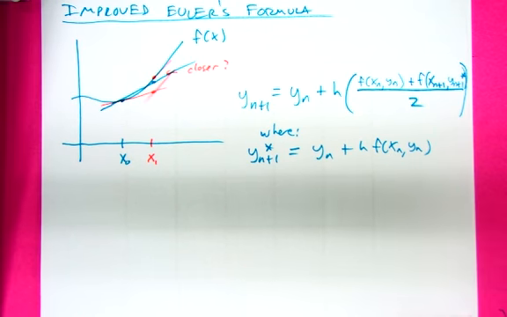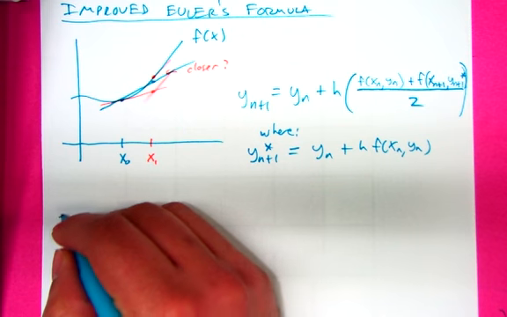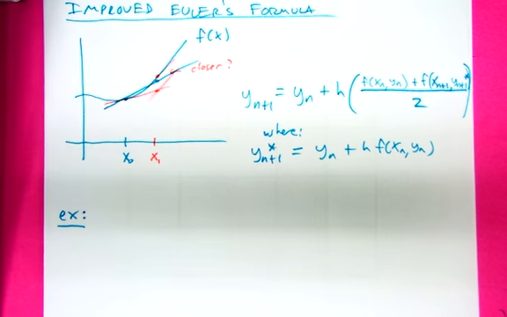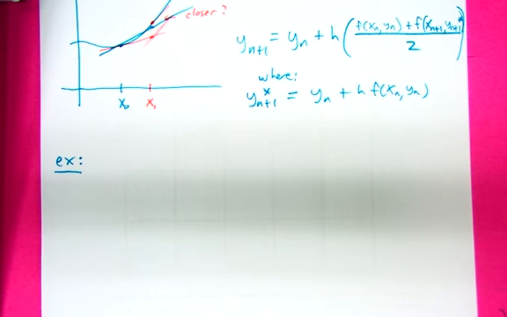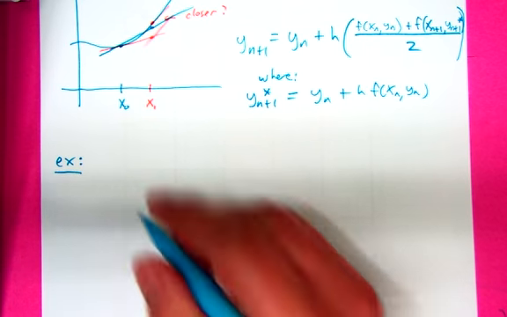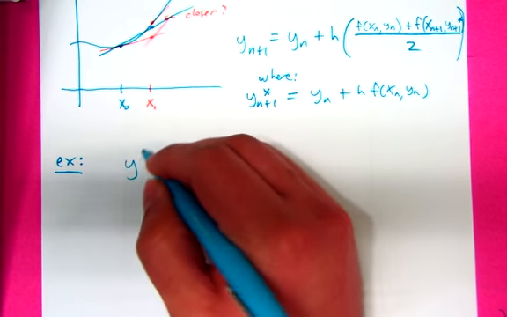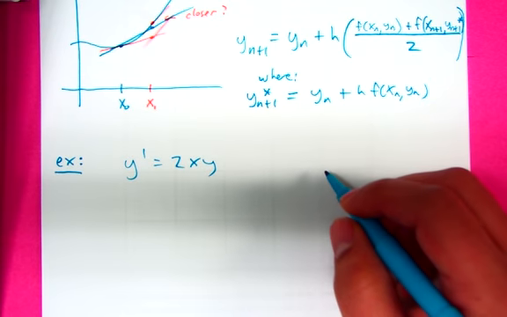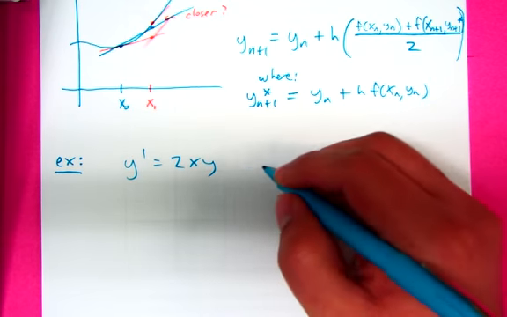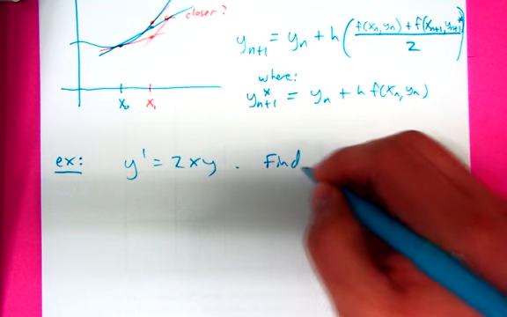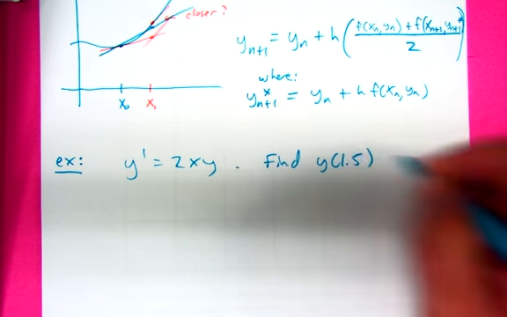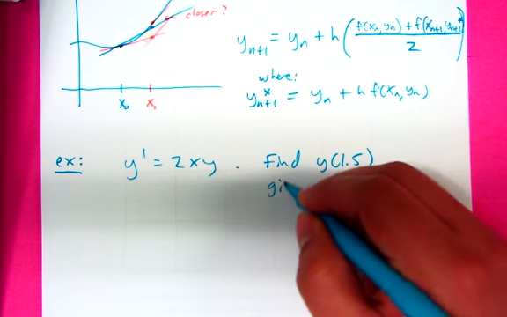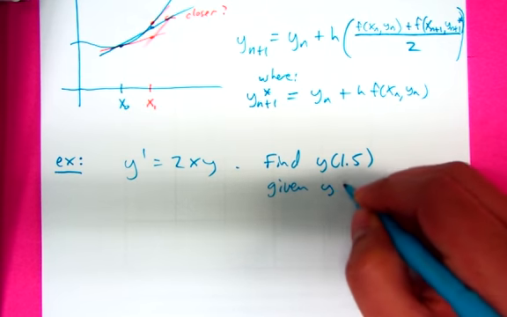Let's take a look at an example. So let's take a look at y prime equals 2xy, as opposed to 0.2, which is what we did yesterday. Let's go ahead and find y of 1.5 given y of 1 equals 1.